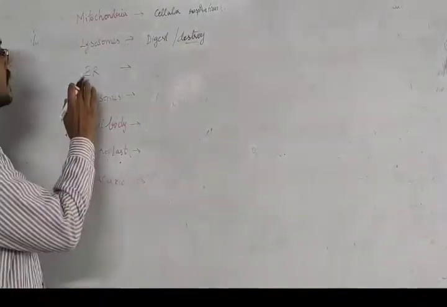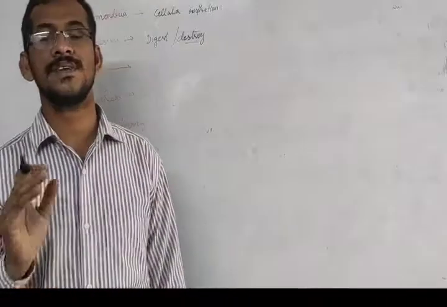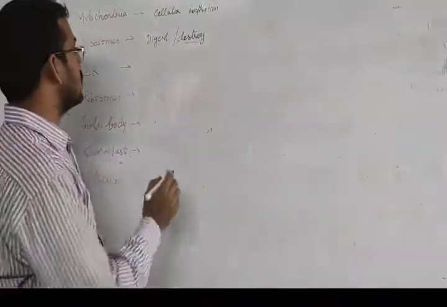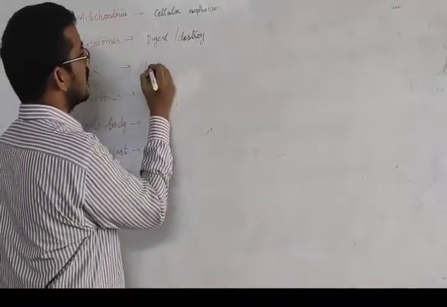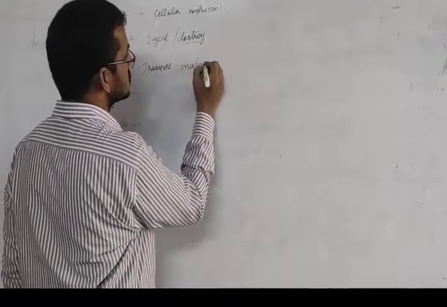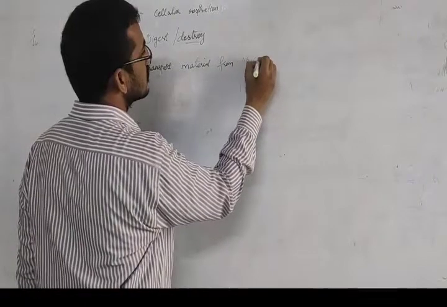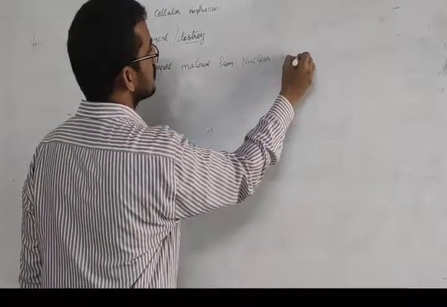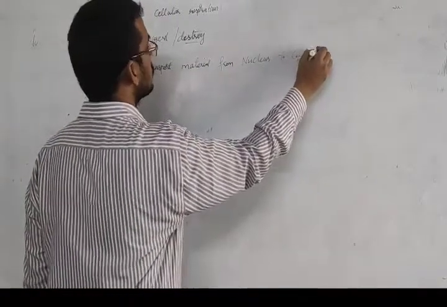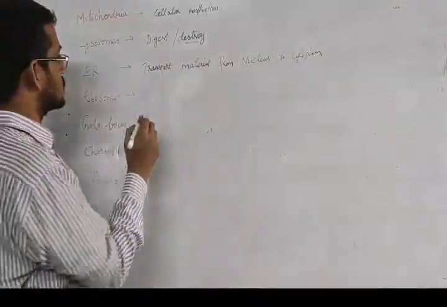Understood? Next, endoplasmic reticulum. Endoplasmic reticulum helps in transporting materials or substances from nucleus to cytoplasm. So that is the function of endoplasmic reticulum. Endoplasmic reticulum are of two types.